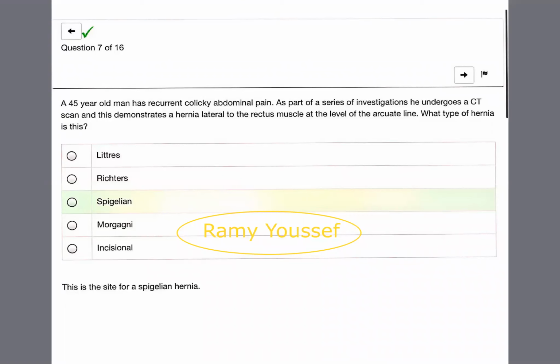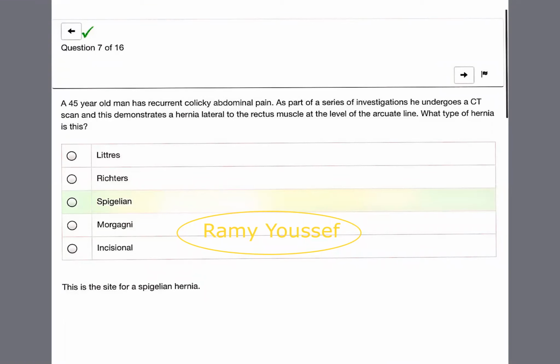Yes, maybe colon, maybe bladder. Part of the circumference of the organ. Part of the retroperitoneal, it is a sliding hernia. Yes, sliding hernia, but Richter, I'm just talking.